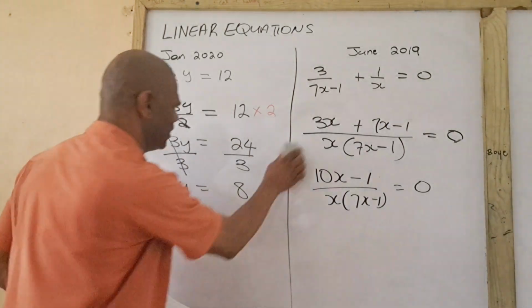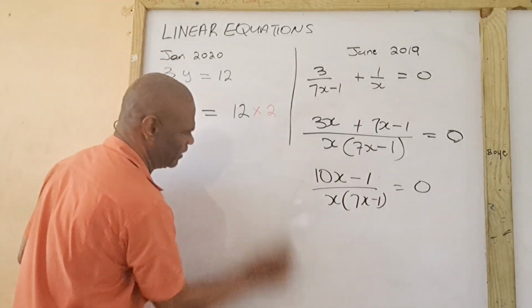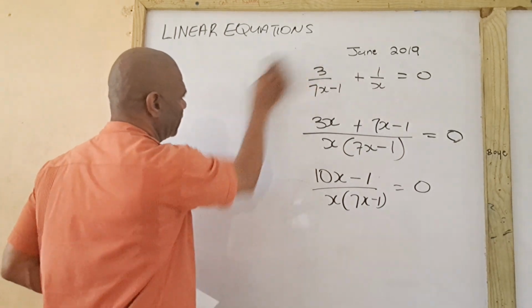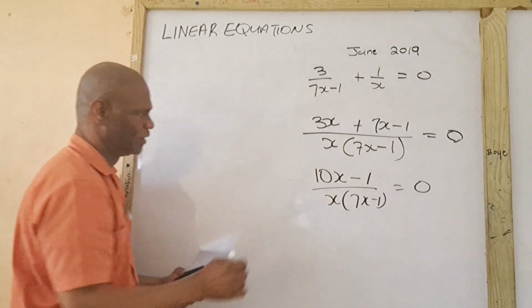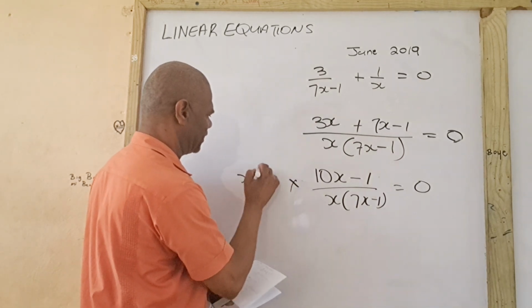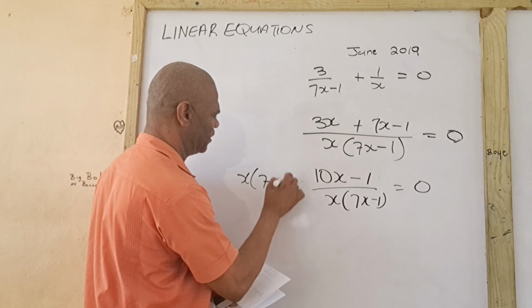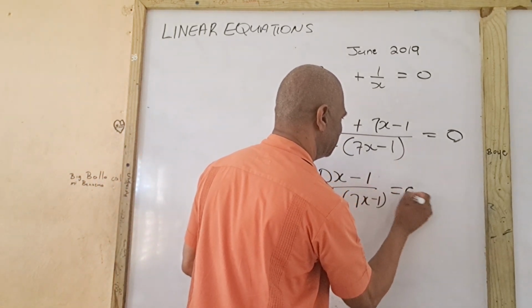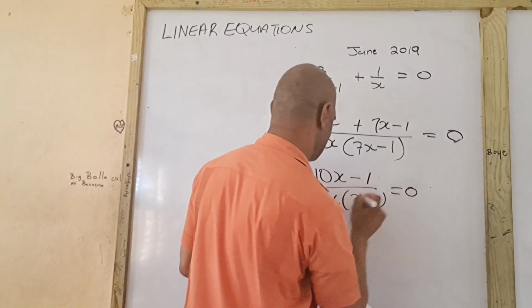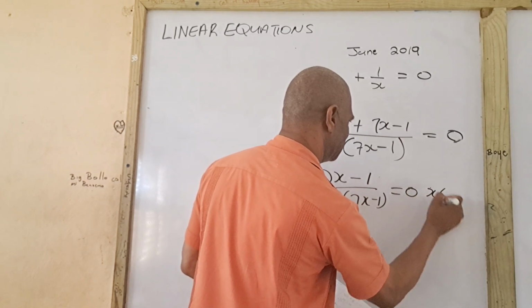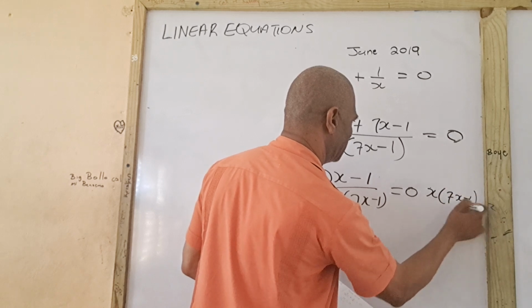Alright? So if I do that, let's erase this and come over and say a little. So I multiply this side of the equation by x into 7x minus 1, and this side, make it smaller, by x into 7x minus 1.